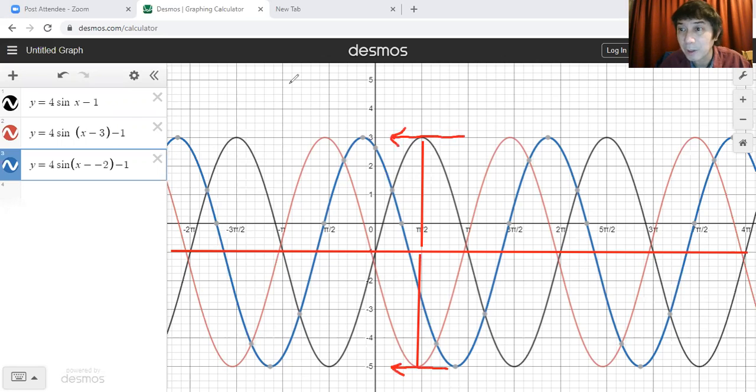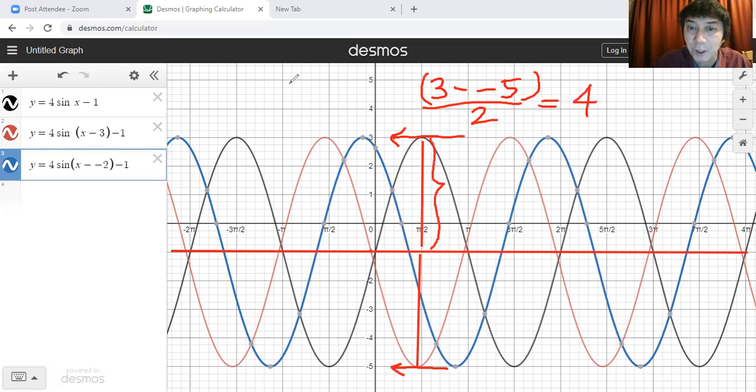So what I said is the maximum minus the minimum and then divided by 2. So 3 minus -5 divided by 2. 3 minus -5 becomes 3 plus 5, which is 8. 8 divided by 2 is 4. And that 4 is the amplitude.